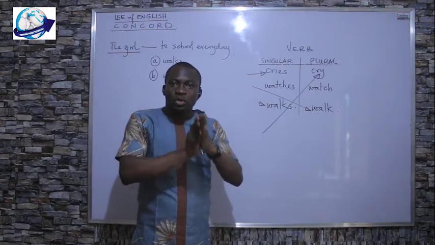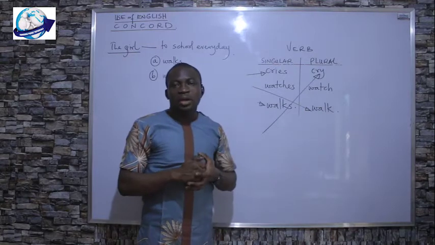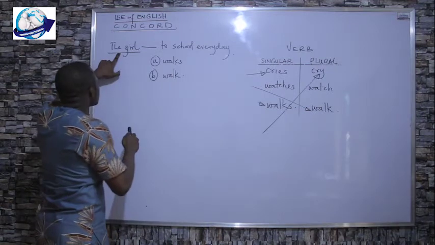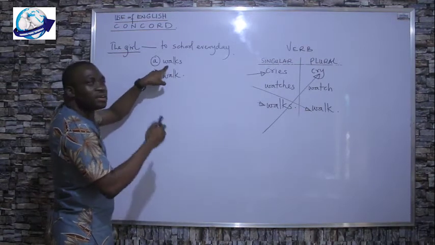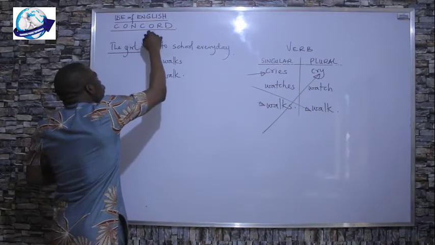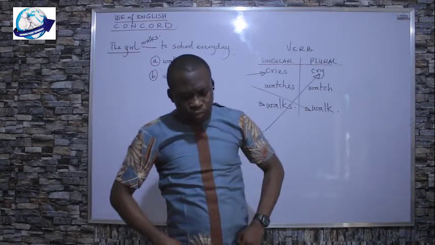Now, what's the principle? A singular subject should be followed by a singular verb. So, for a singular subject, I am going to take a singular verb that should carry S. So, the girl walks to school. That is a basic example.